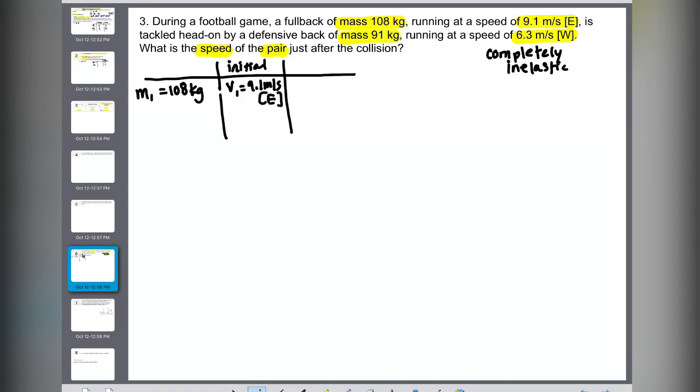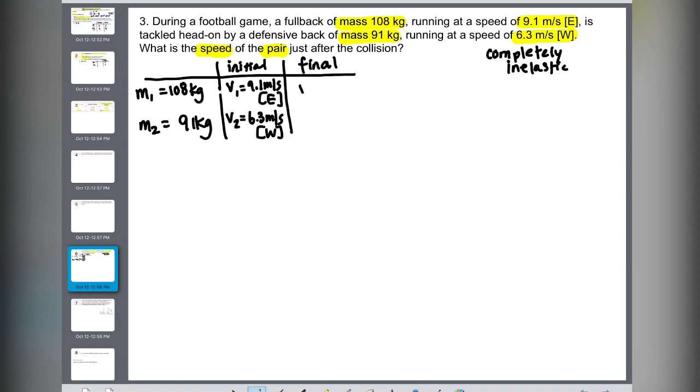Just like the rules before, you have to make sure that the directions are the same before you can plug into the equation. And then the other player, M2, is 91 kilograms, and the initial velocity of the second player is 6.3 meters per second to the west.